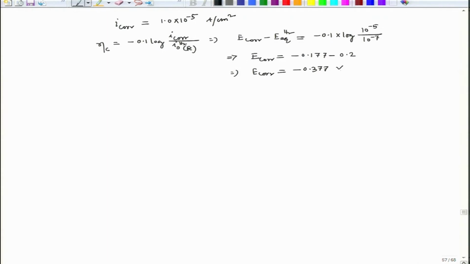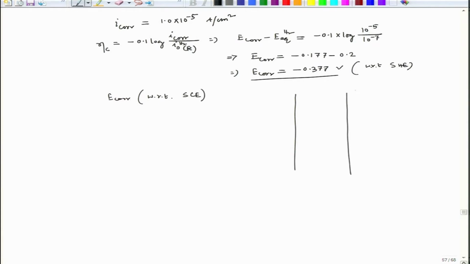So, now once we find out this value, that means this is with reference to standard hydrogen electrode. Now in order to find out E core with reference to saturated calomel electrode, we have to find out two scales. So, these are two scales. This is standard hydrogen electrode, where this point is 0 volt, and this is standard calomel electrode.